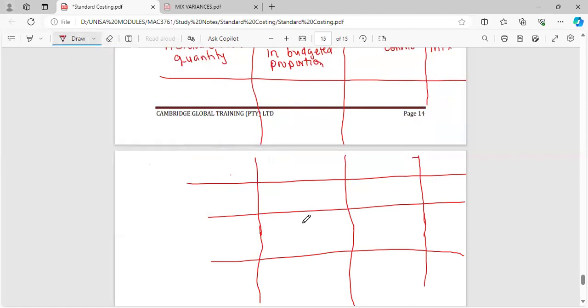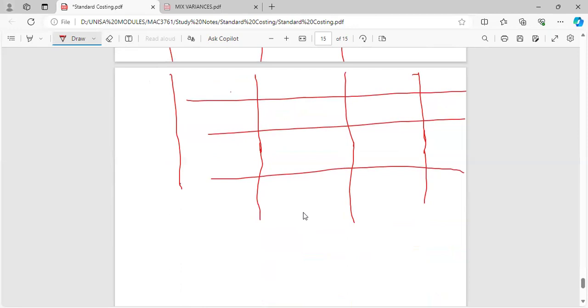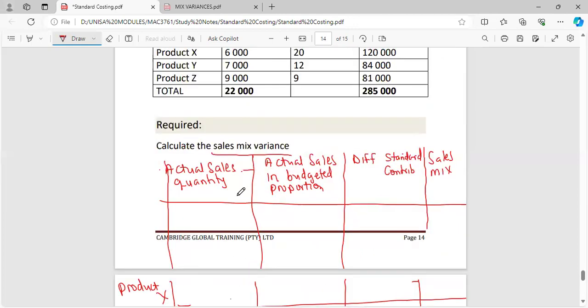We should have a column for each, X here, then Y, Z. Let's start with the easier part, which is the actual sales quantity.